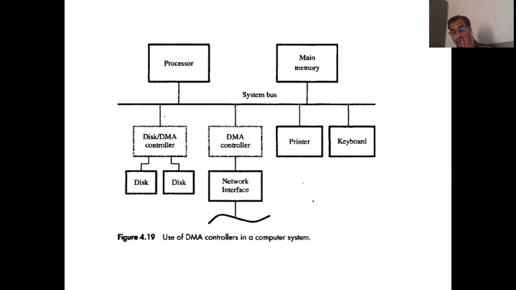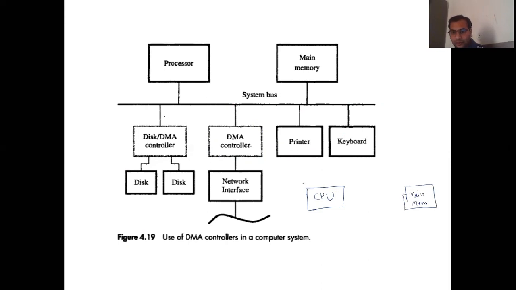How is it going to happen? Let's see through a small diagram. Let us suppose this is a CPU, this is your main memory through which you want to interact.